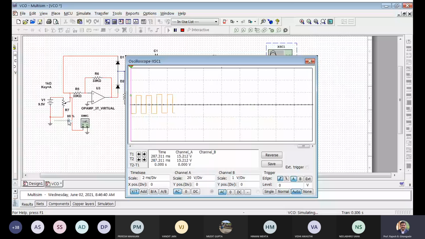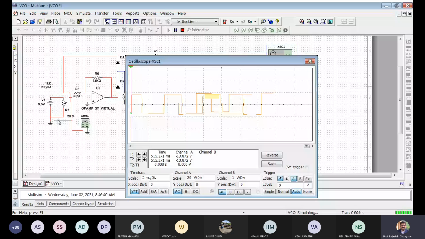Do you see what is happening? If I change the bias voltage, you can see that the frequency or the output waveform is getting changed. You can verify that with the frequency counter also.